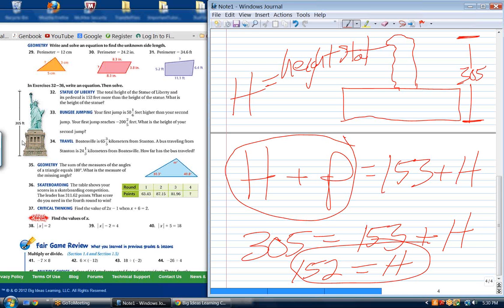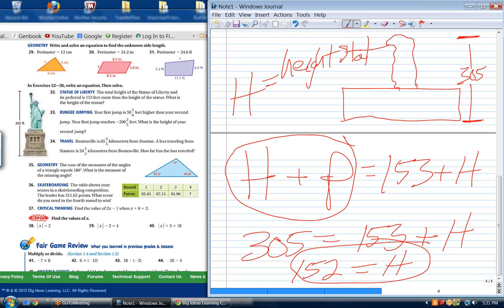So I'm going to suggest you always do the ballpark check when you're done, just because it's easy to get these mixed up. In other words, you almost did 153 minus h, and that would have given you a negative number for h.